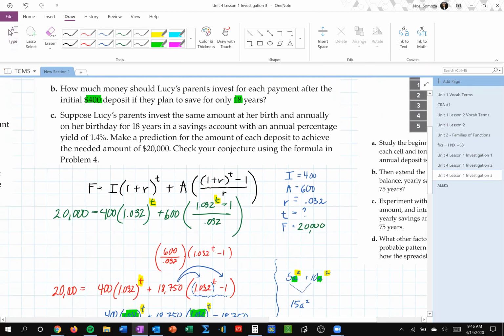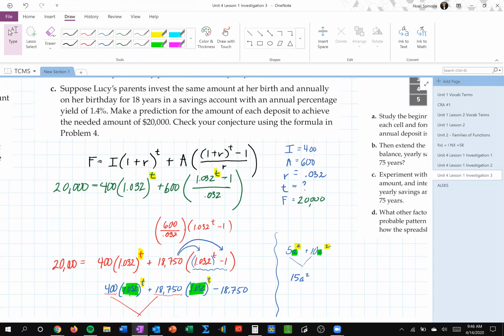Okay, so let's kind of dissect what's happening here. So Lucy's parents invest the same amount at her birth, okay, and annually, okay, for 18 years. So what does that tell you about I and A?